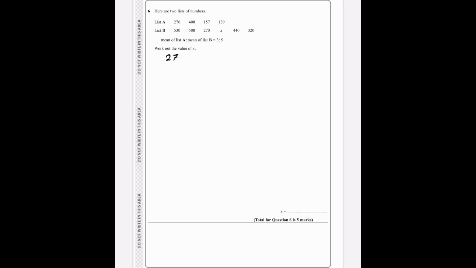For number 6, we're calculating means. So to find the mean of list A, we're going to sum together the 4 terms in list A and then divide them by 4. And that comes out as a nice round 243. Then we know that the ratio of the means is 3 to 5.